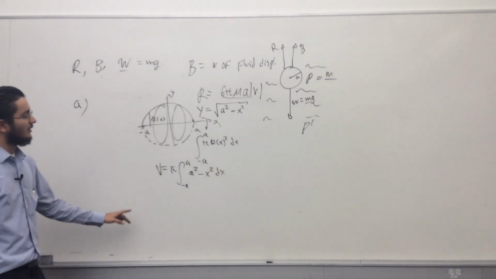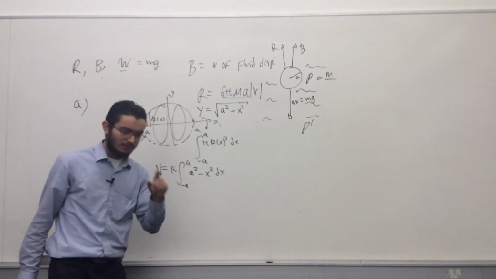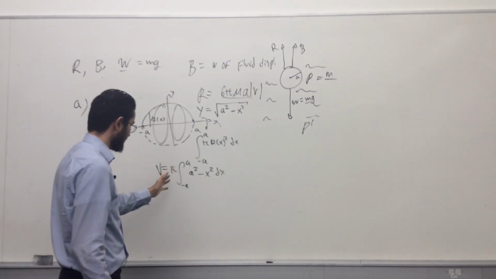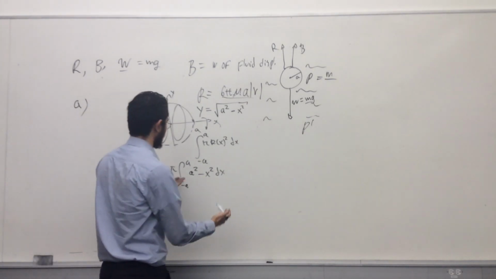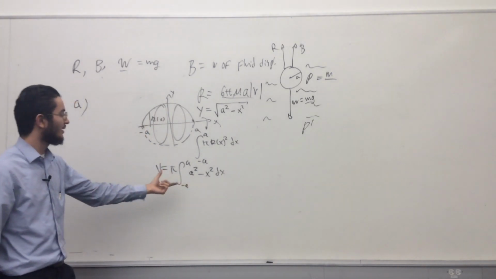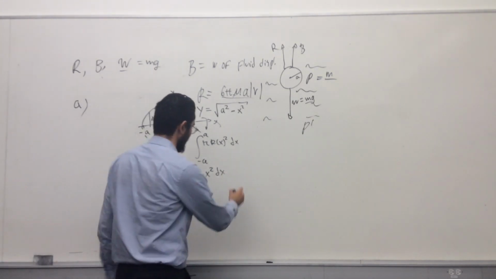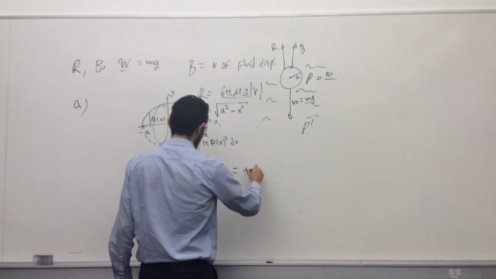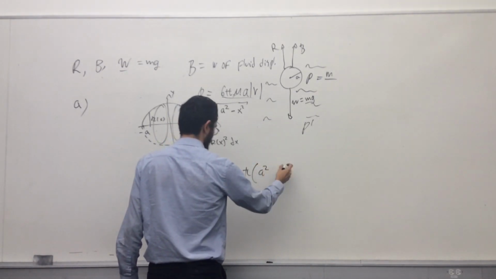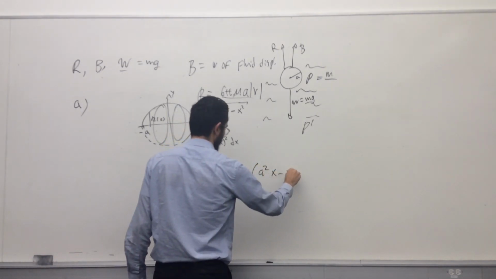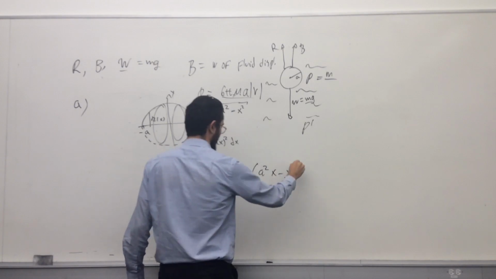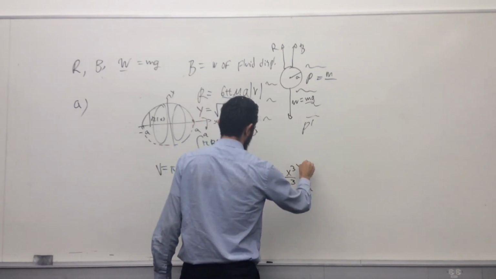Now, this is really easy to do, because all you have to do over here is just integrate this. This is pi times a squared times x minus x cubed over 3, from negative a to a.